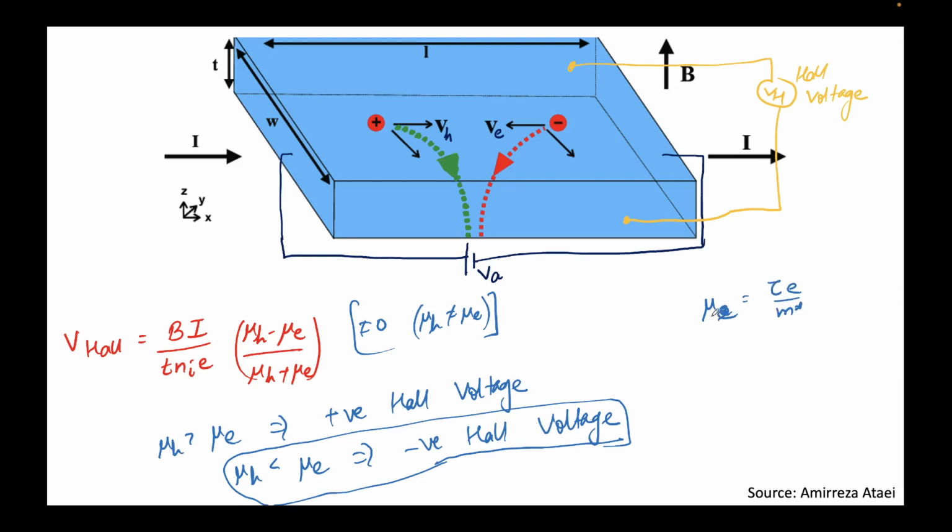So please note that even if you can see mu E is greater than mu H, that does not necessarily mean me is less than mh. Why not? Because the factor tau is also there. Hence, even if we have a comment on the mobility, we cannot conclusively say anything about the effective mass.